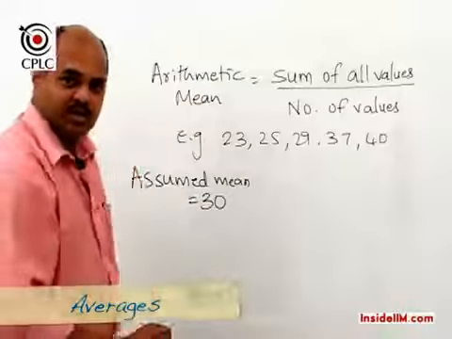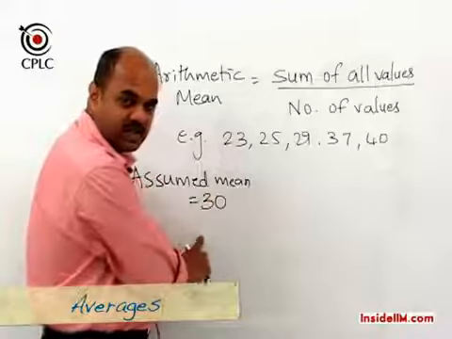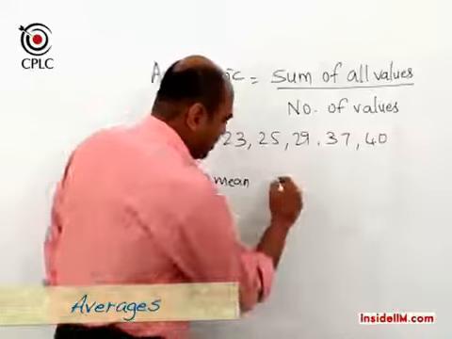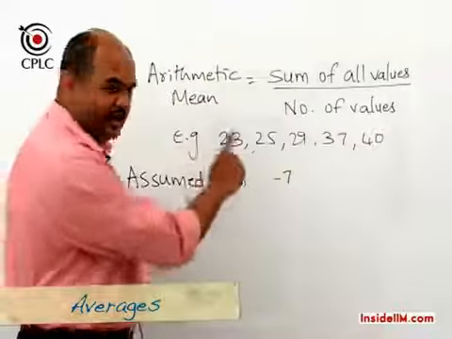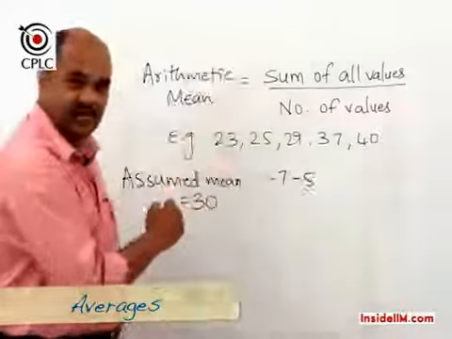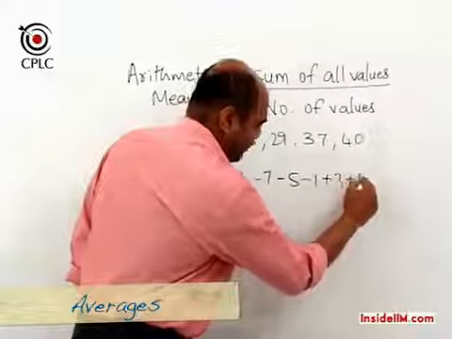Now what we would do is find the difference of each value with respect to the assumed mean value. So 23 with respect to 30 would be -7. 25 with respect to 30 would be -5. 29 with respect to 30 would be -1, then +7 and +10.